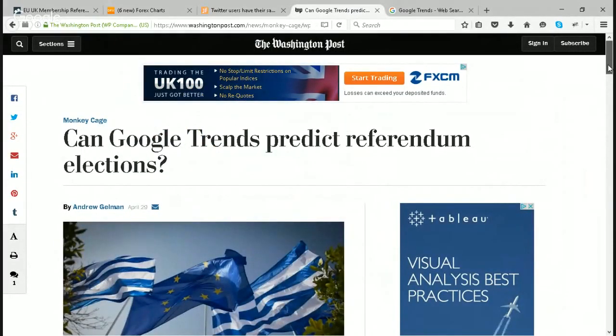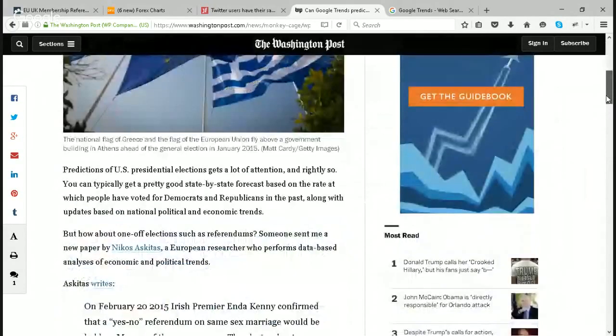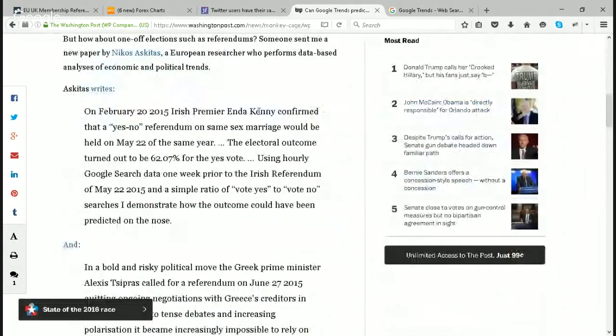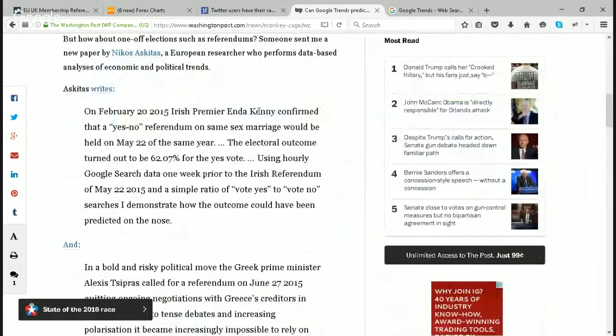Otherwise, there's Google Trends, and as it says here, on Google Trends, if you looked at recent referenda, so in Ireland you had the same-sex marriage referendum, and basically you got the same. That was exactly predicted using Google search data.